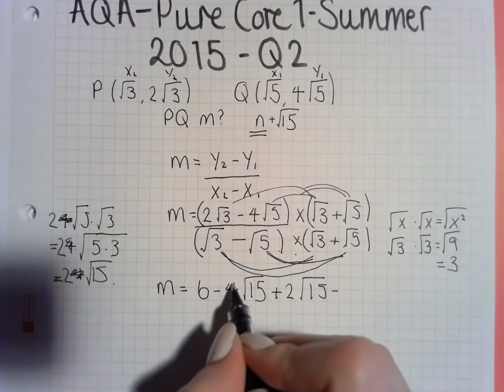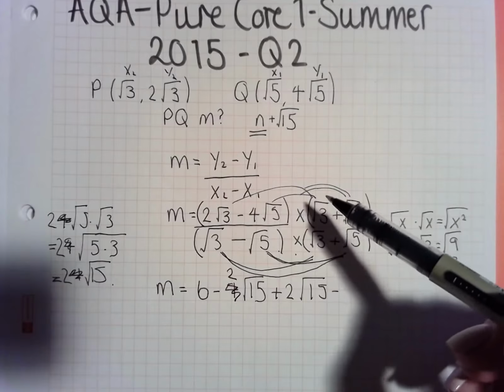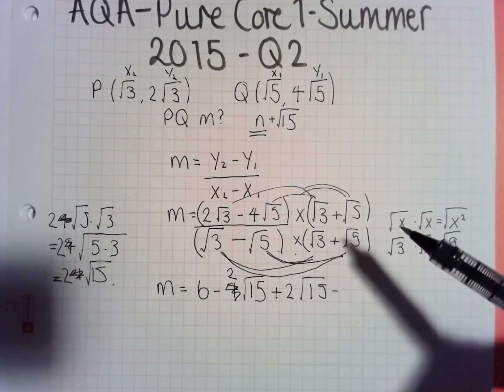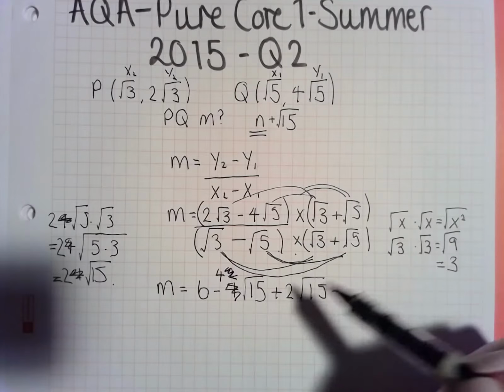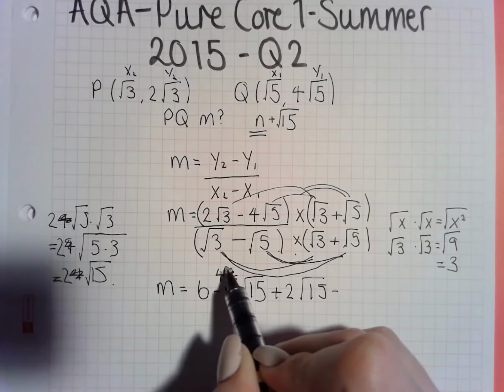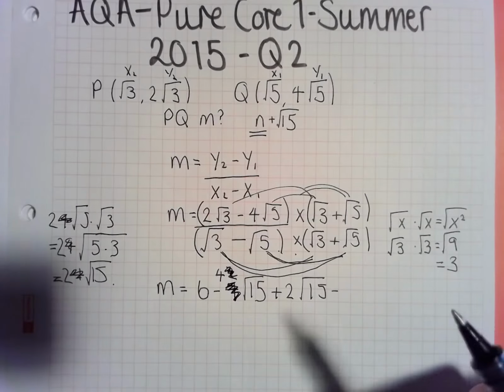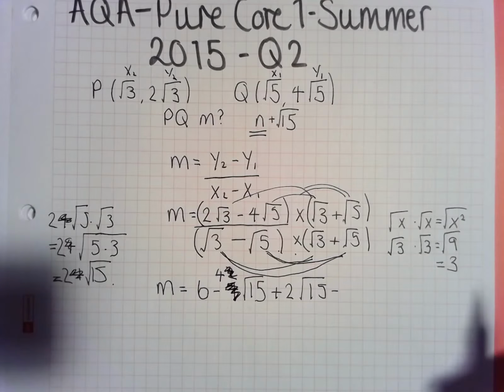So this should be 2 root 15, and then, oh no, that should be 4. Sorry, I'm very confused. This is why it's really good to just go through these really slowly when you're in the actual exam, because it's ridiculous that the mental arithmetic can completely knock you off.